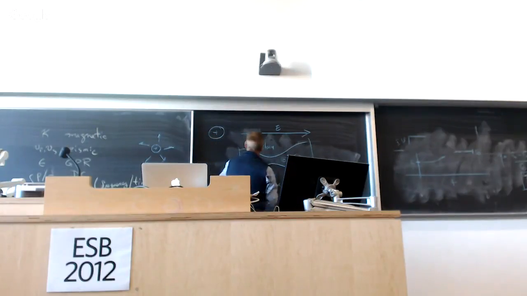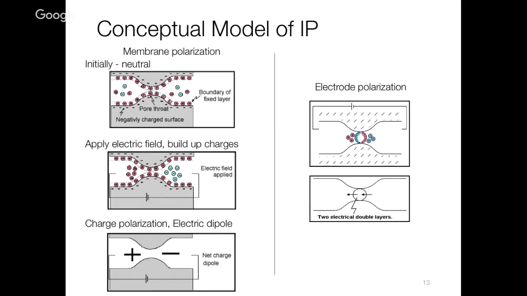So that's going to mean you're going to try to get positives this way, right? And these positives are going to try to go there. And then the negatives, these guys want to come back here, right? So we've got negatives that are coming in here. So at the end of the day, you've got an accumulation of positive ions here, an accumulation of negative ions there.